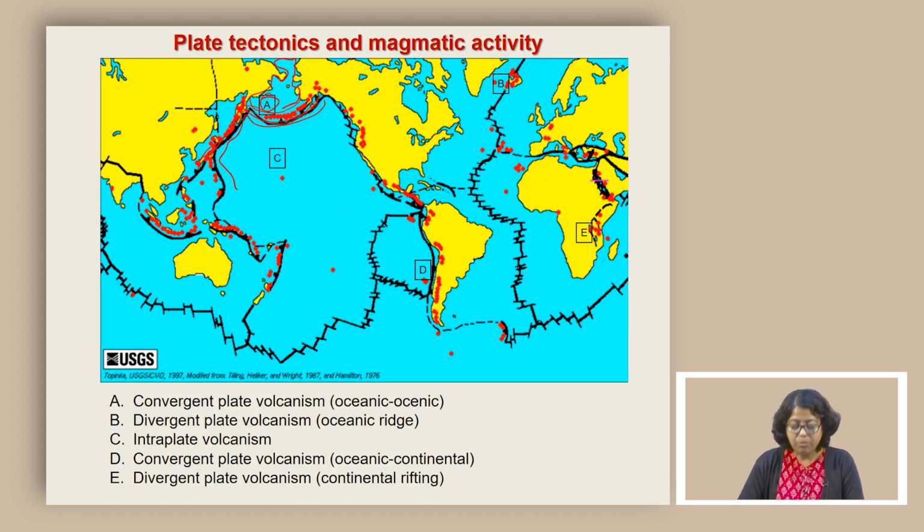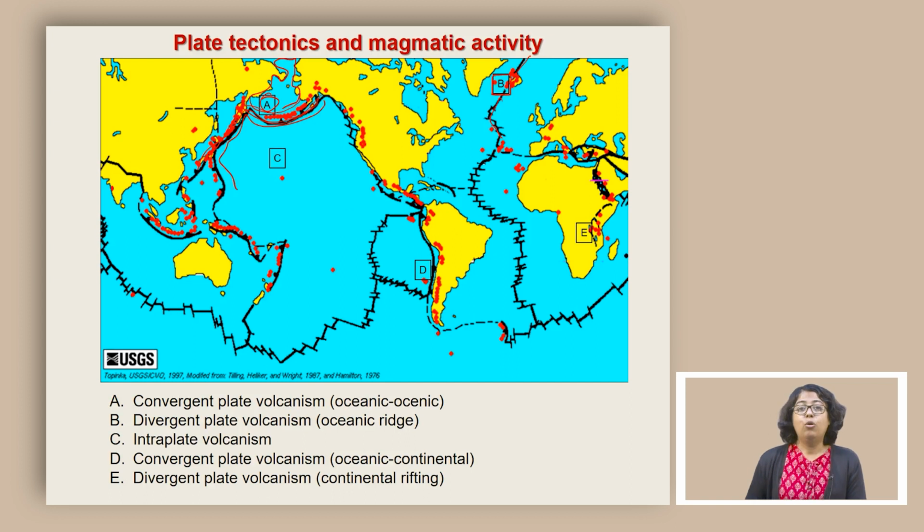Another type of magmatic activity associated with the plate boundary is called divergent plate volcanism, and we find it somewhere here. This is an example of the mid-Atlantic ridge.